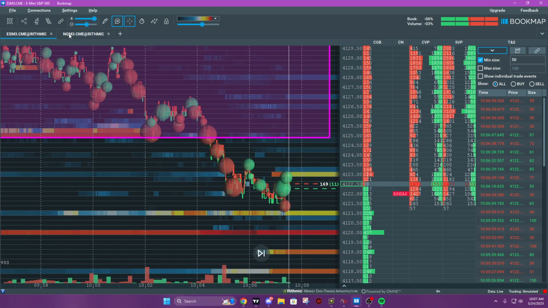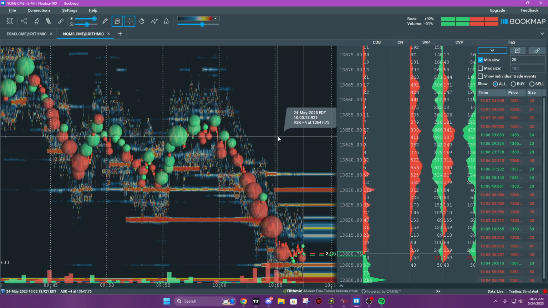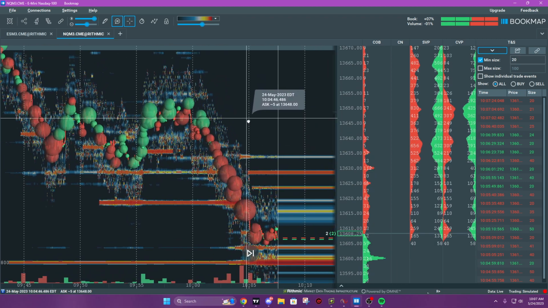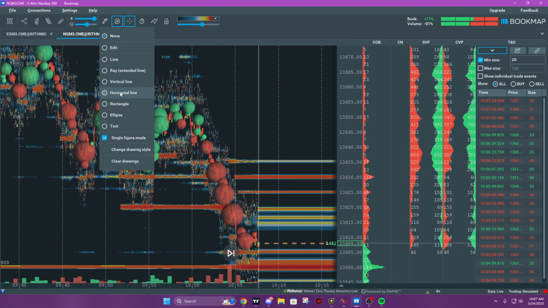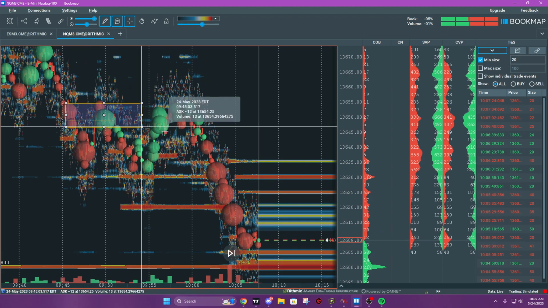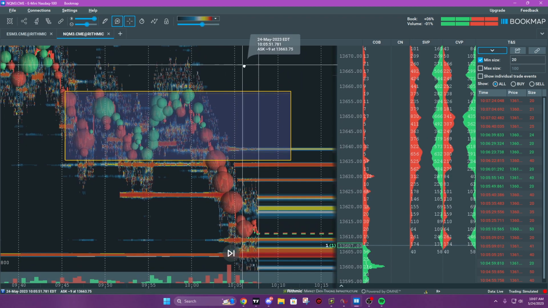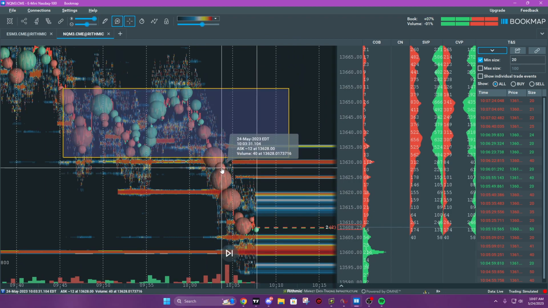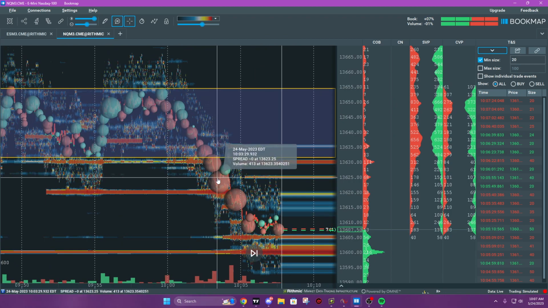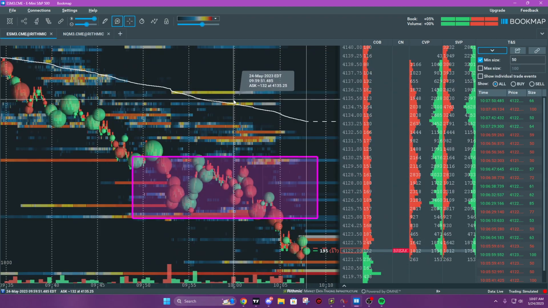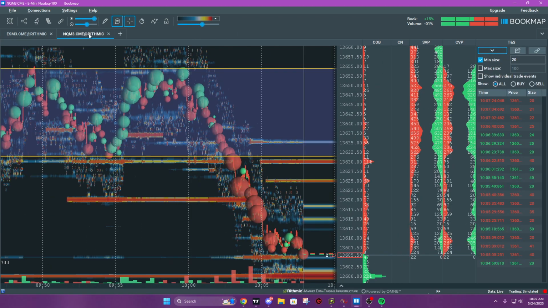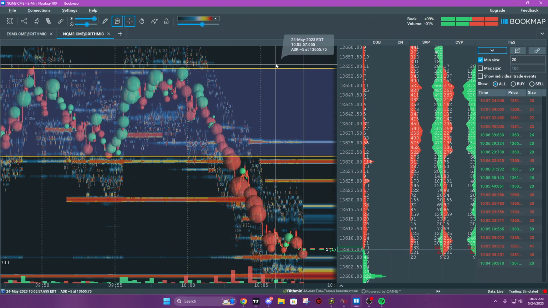NQ is very weak. NQ is definitely more weak than ES, it looks like. You could see on NQ, definitely a range right there, right? Broke out of that range. Heavy selling bubbles, right? Good move down, continuation from that. ES is definitely lagging behind. NQ is definitely leading the way down.